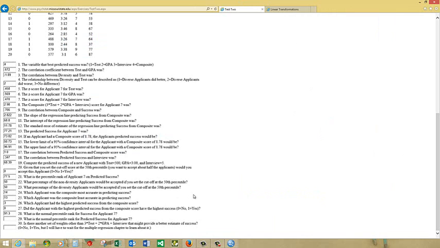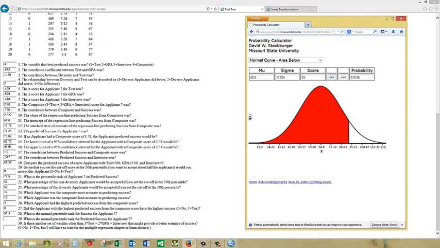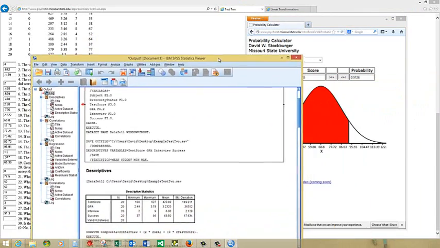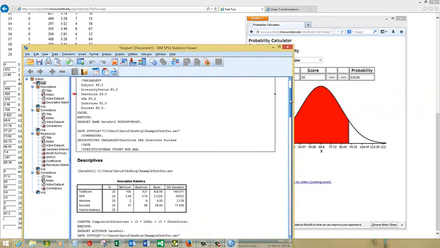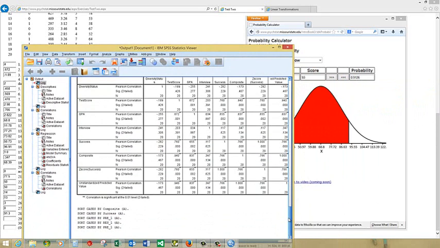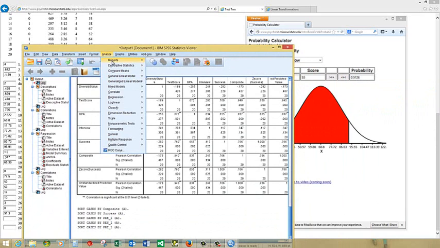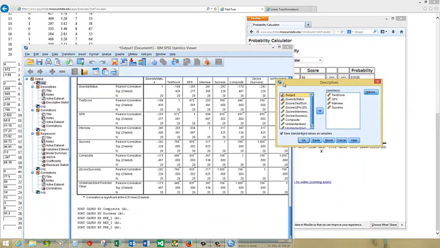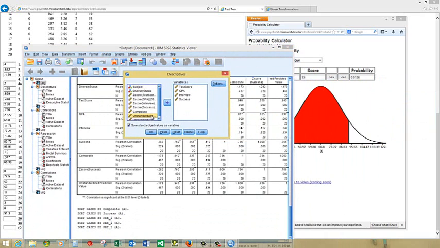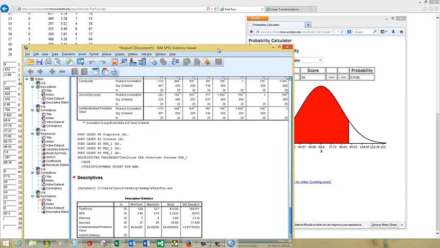What is the normal percentile rank for predicted success? Okay, back to our calculator. Predicted success. I don't think we have that variable. All right, so analyze, descriptive statistics, descriptives. We'll add unstandardized predicted success to there.